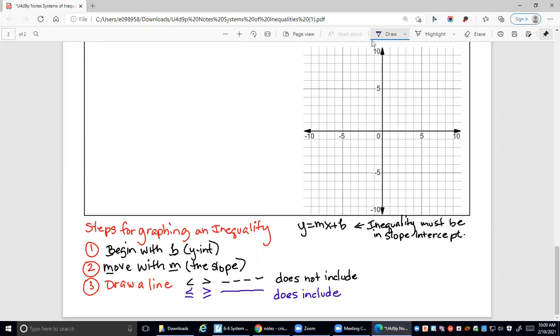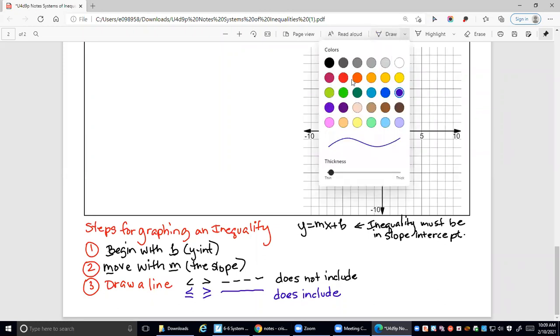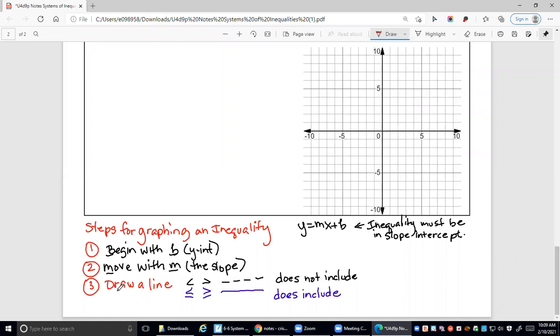And then finally, which that's a really old movie, I realize, we're going to shade. And here's the general rule.